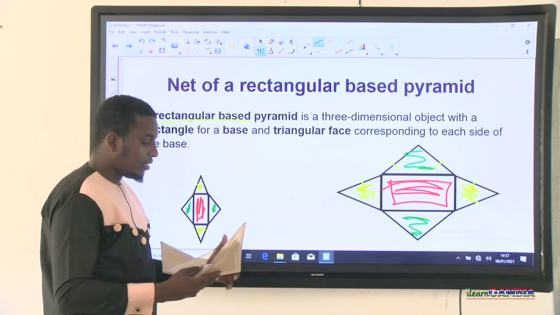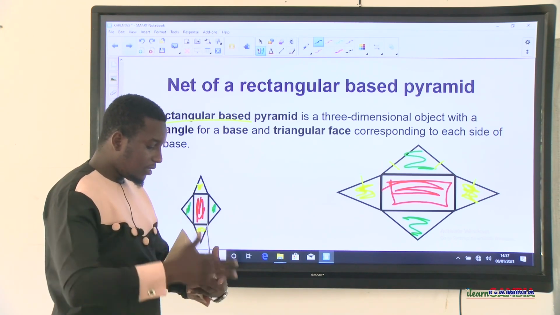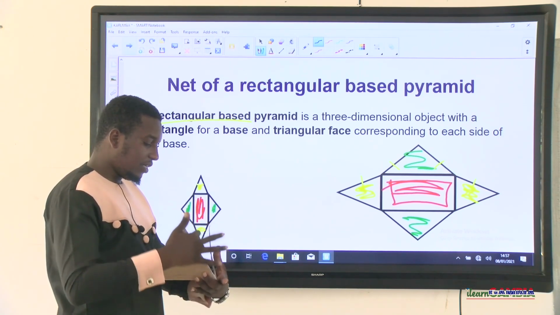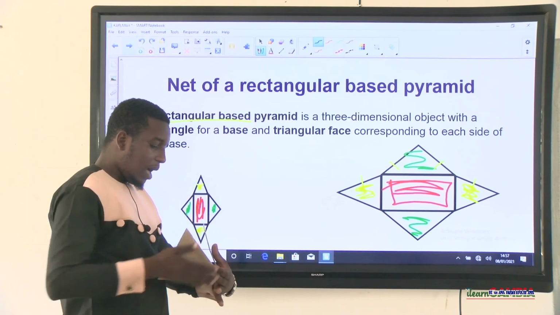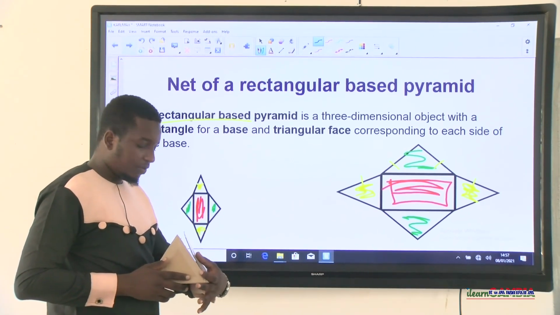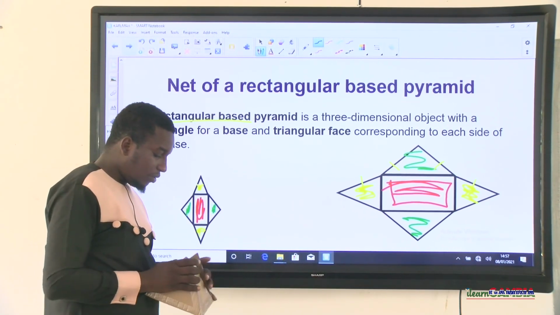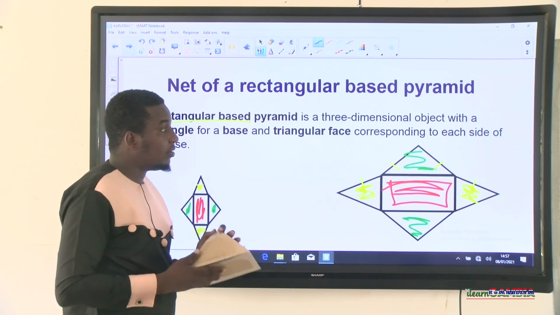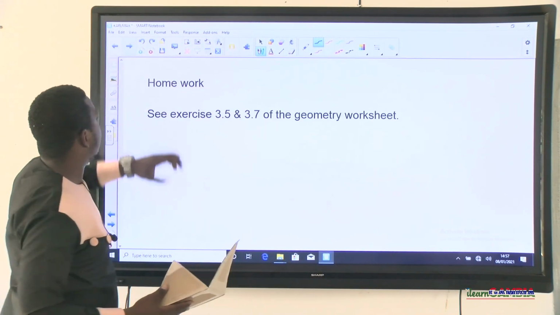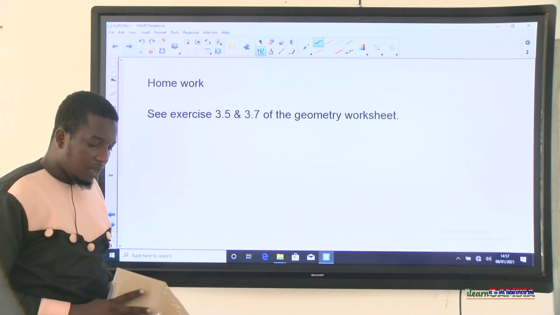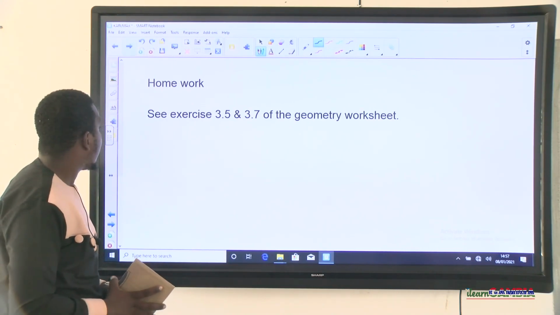And then we also say that the sides of the triangles, apart from the ones attached to the base, should also be equal, so that they will all meet at a point called the vertex.